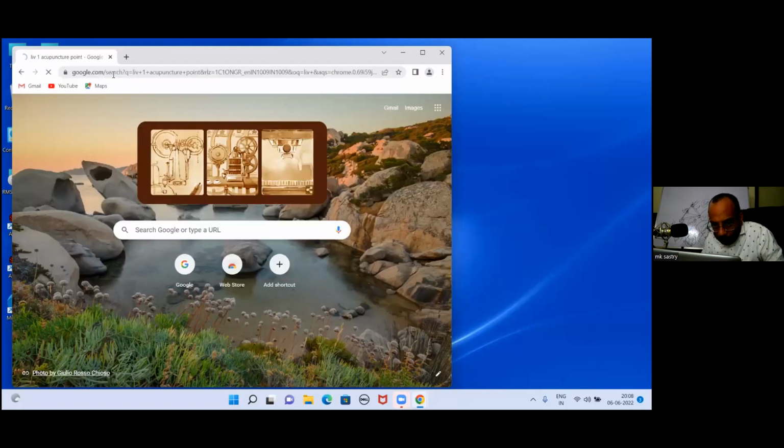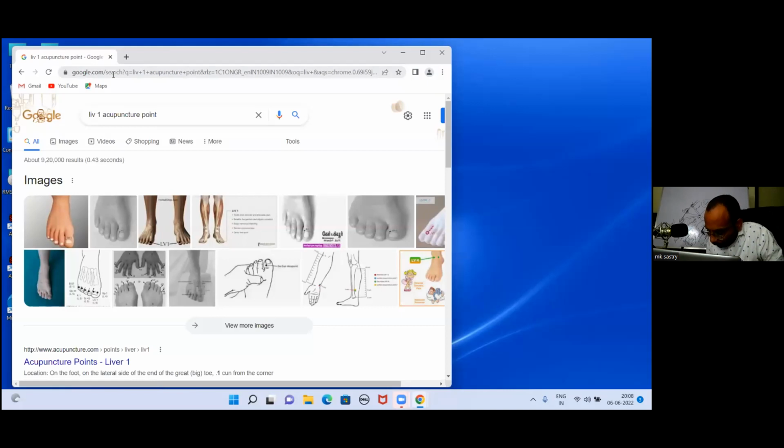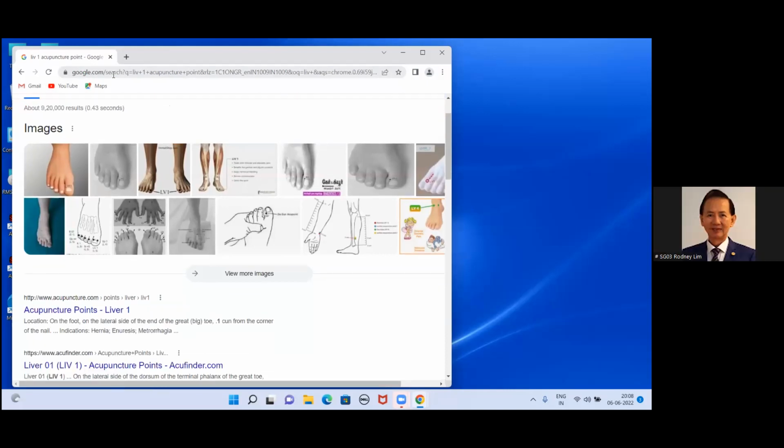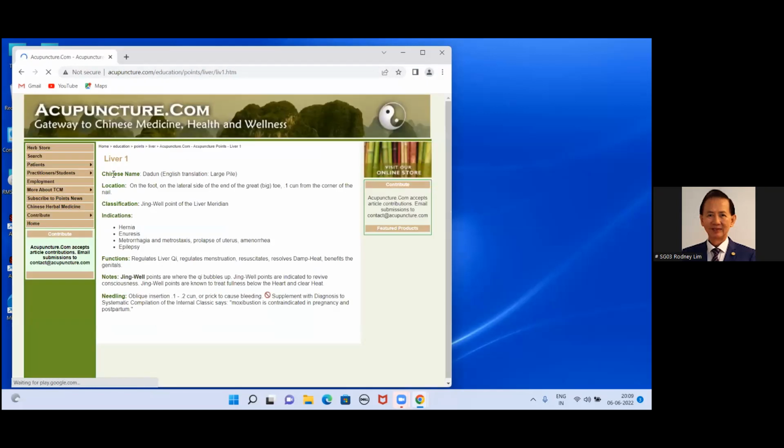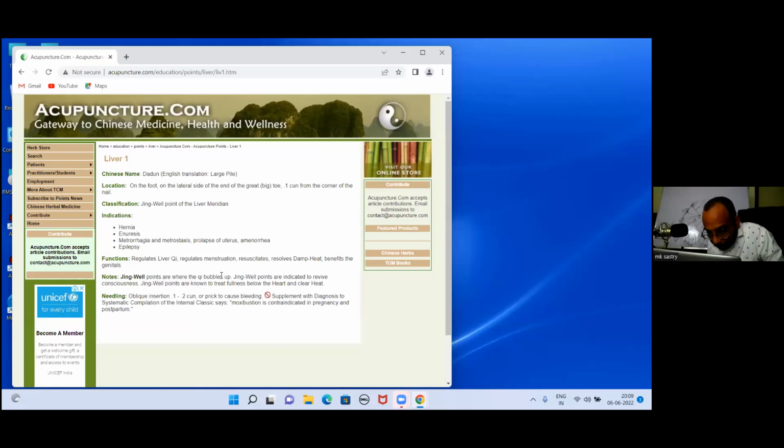Liver 1 acupoint. So now it says a jing-well point where the Q bubbles up.